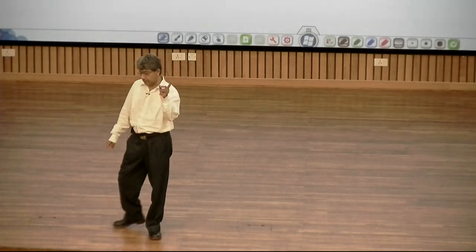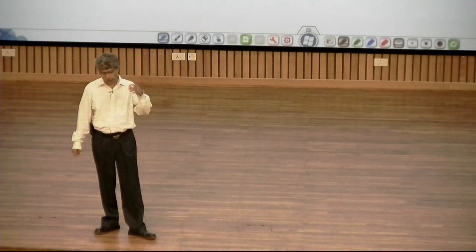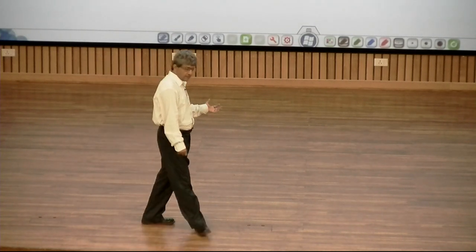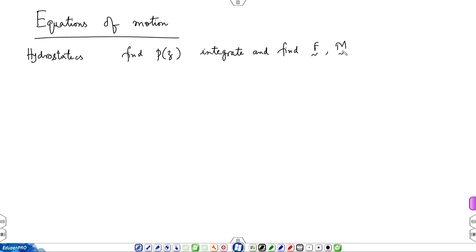Sigma xx, that is Pascal's law, sigma xx is equal to sigma yy is equal to sigma zz. All normal stresses are equal in a hydrostatic field. But if the fluid is in motion, that result is no longer valid. And apart from that, you also have shear stresses. So the composite picture is represented in terms of stresses on a small fluid element. That is to be thought of as nomenclature for stress at a point.